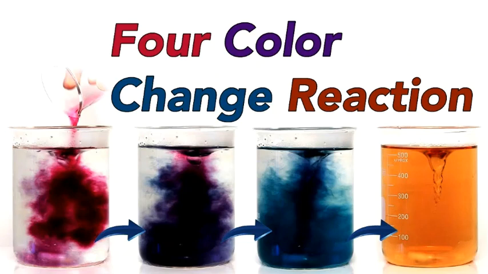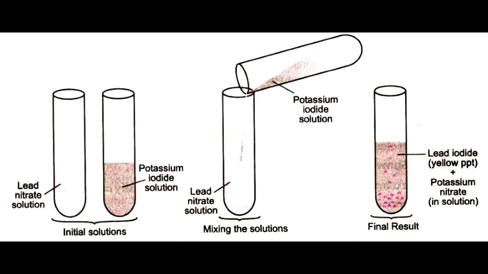Change in color. We can give you examples by 2 experiments. One is when we put lead nitrate, a colorless solution, and react it with potassium iodide, which is also a colorless solution.